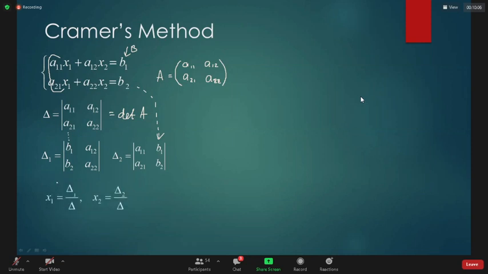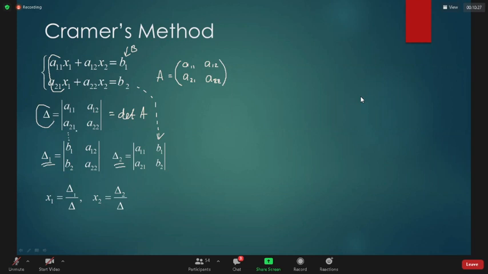it turns out that the values x1 and x2 can be found by dividing the values of these special determinants, delta 1 and delta 2, by the system determinant. Remember that a determinant is finally, in the end, a number.